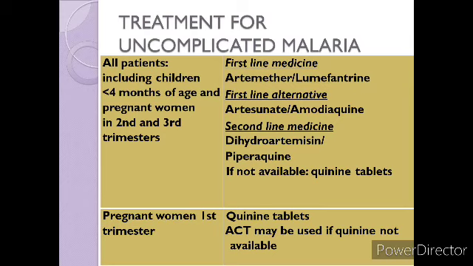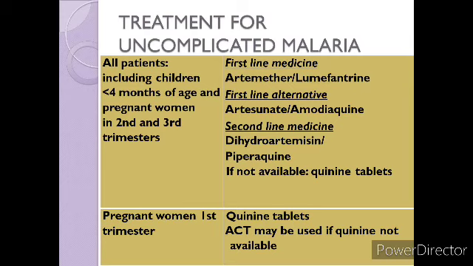Treatment for uncomplicated malaria. So this treatment, it includes all patients, including children of 4 months of age and pregnant women in the second and third trimester. First line treatment is artemether-lumefantrine. These doses vary, so dosage is according to age or weight, but I'm going to use body weight.